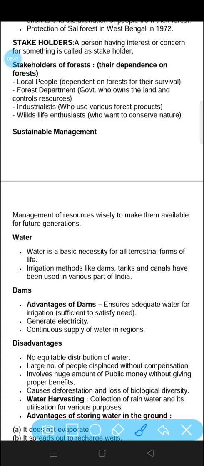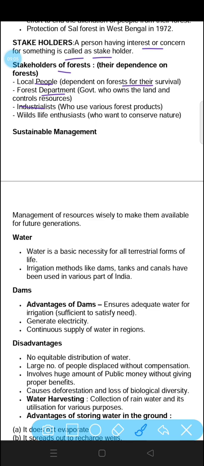Next is stakeholders. A person having interest or concern for something is called a stakeholder. Stakeholders of forest include local people living nearby, who depend on the forest for their survival. Next is the forest department, the government department that takes care of it.